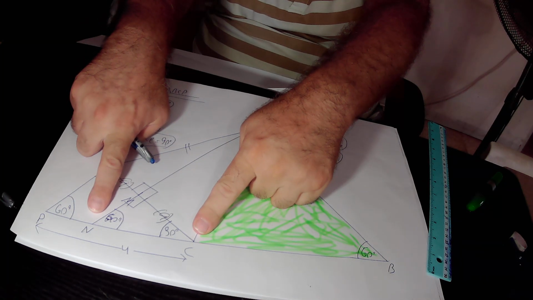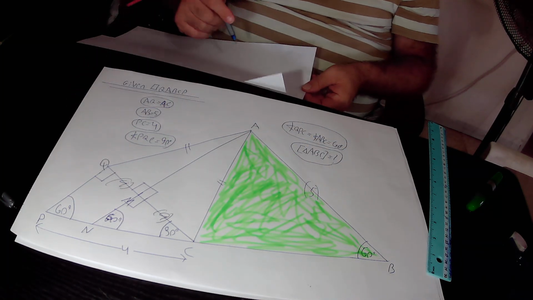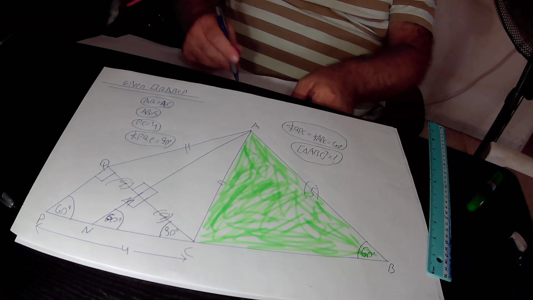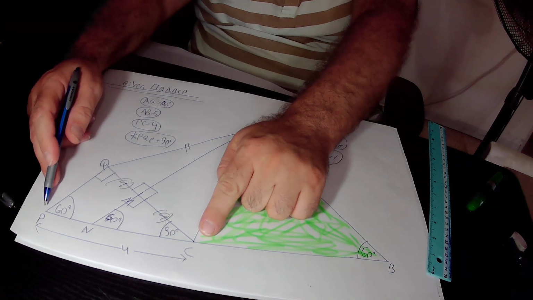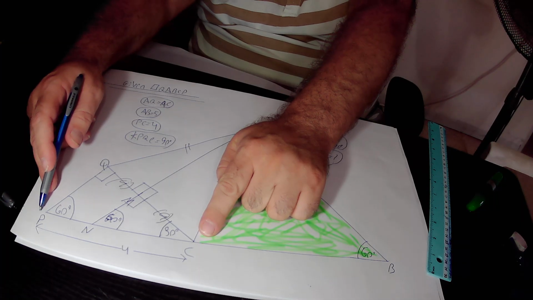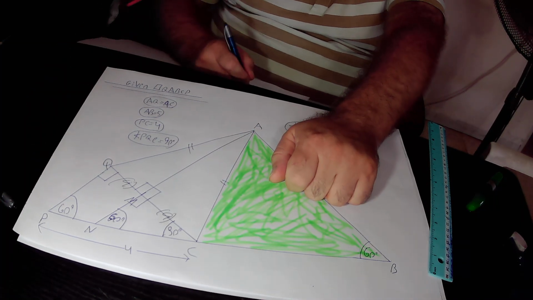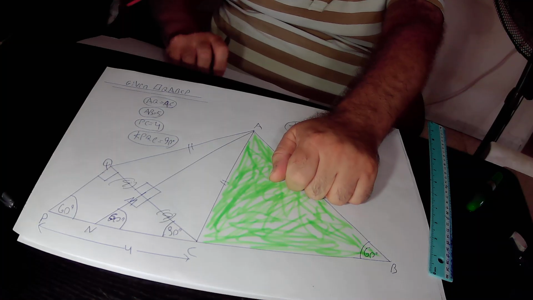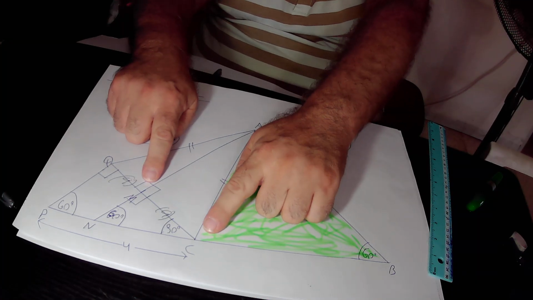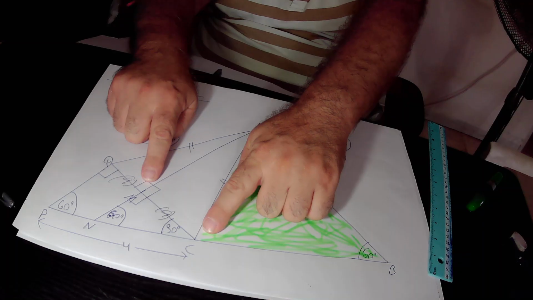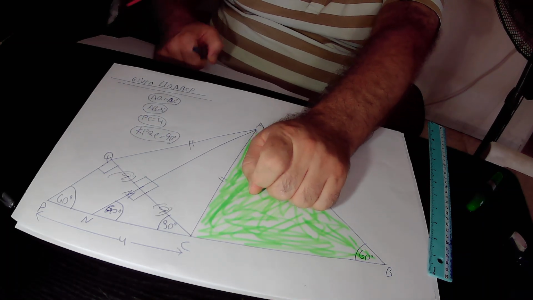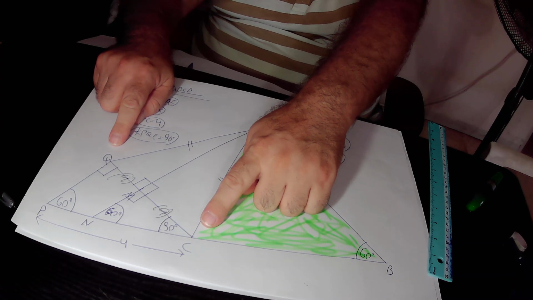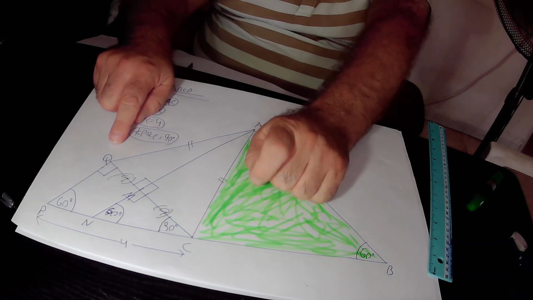NC is the missing side, so we leave it as it is, over PC. PC equals 4 units in its length, according to what is given in the question. And it is equal to MC. MC equals A units in its length, according to our definition, over QC. QC equals A plus A, that is 2A.